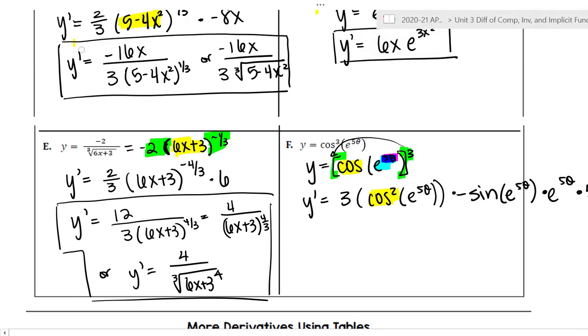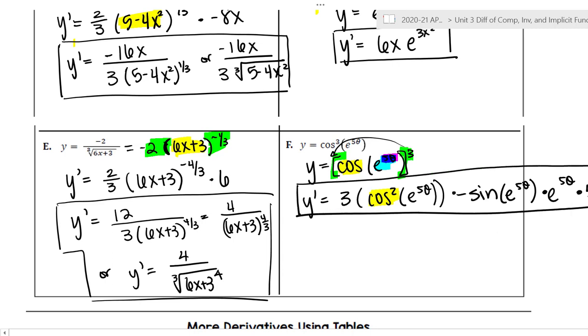Especially when it gets this long, you could just leave it as is. If you were to simplify it, it would be a little bit of a mess, so I would probably just put a box around it and call it a day. Know that on the AP test, some answer would probably have, right, so you have negative 1 times 3 times 5, which is 15. Then you would have e to the 5 theta, and then we'd be multiplying by cosine squared of e to the 5 theta times sine e to the 5 theta.